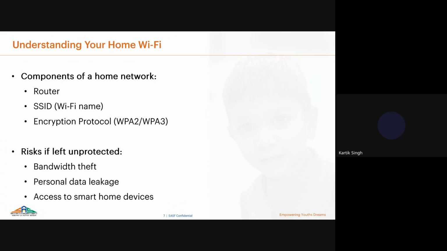So if our home Wi-Fi network is compromised, the person who has compromised it can get access to smart home devices and can enable or disable and tamper with the functionality of our home devices.